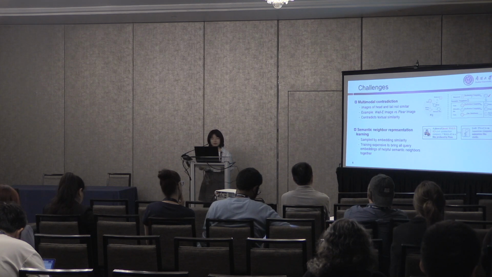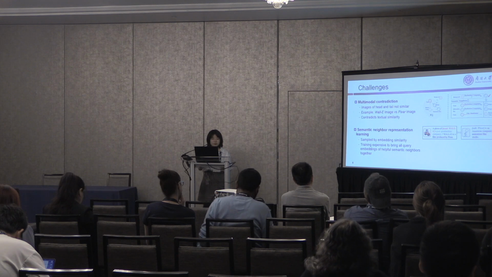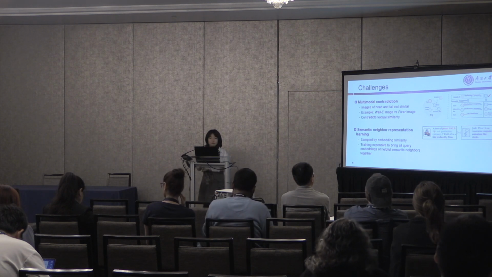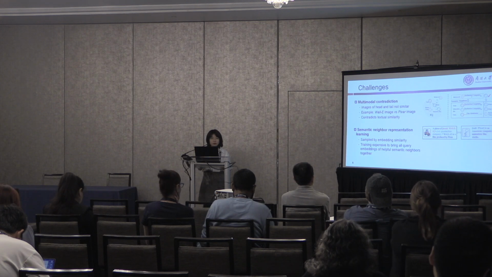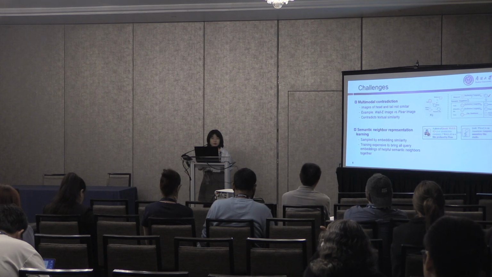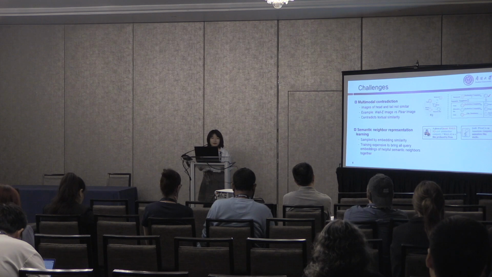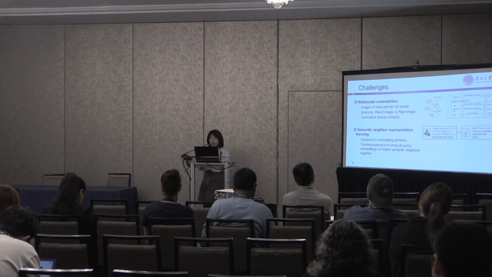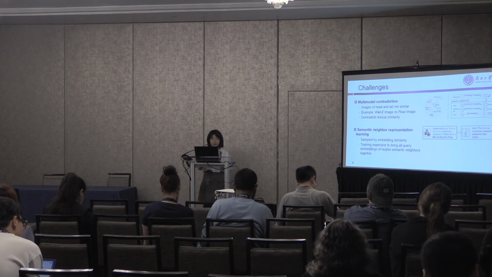There are some challenges. First, the multimodal contradiction. We can see that in the knowledge triples, the head entity and the tail entity usually are not the same entity type. For example, the WALL-E image is not similar to the Pixar image, and they are highly unlikely to include each other in the image, which contradicts the textual similarity, where they are usually related to each other.